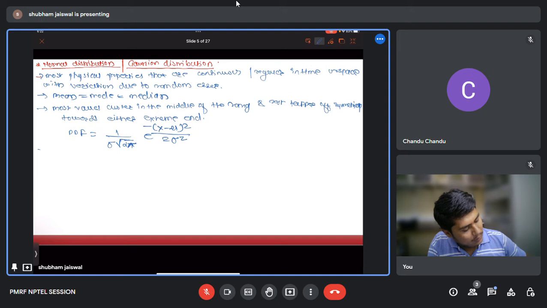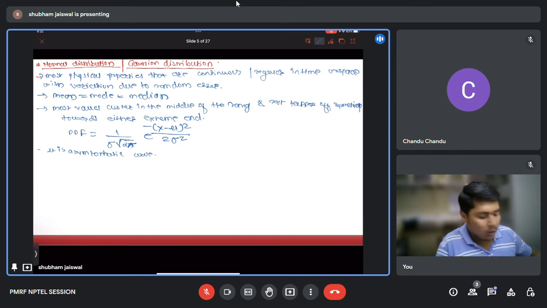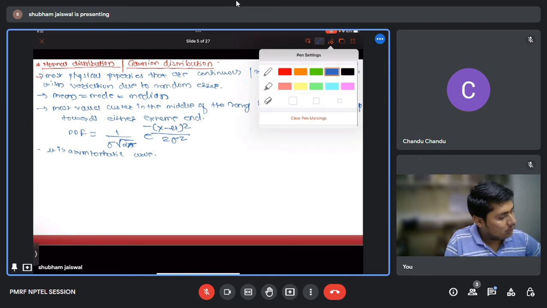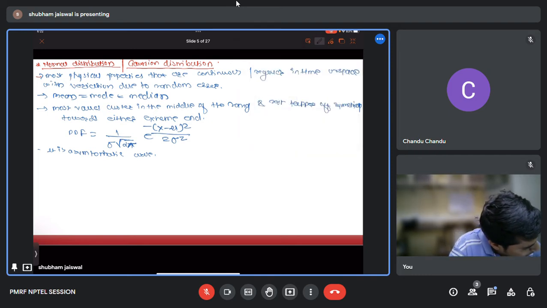So it is a curve. Okay, so if I draw a normal distribution, it will be somewhat like this.